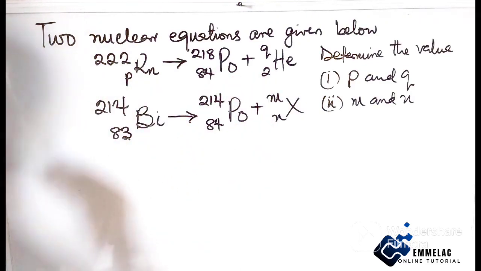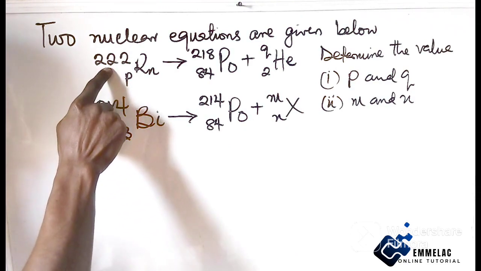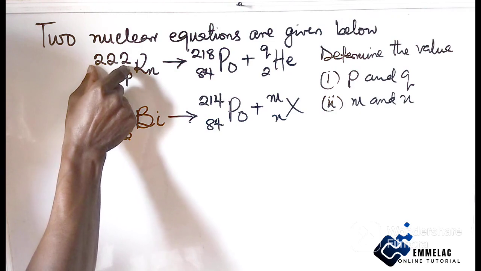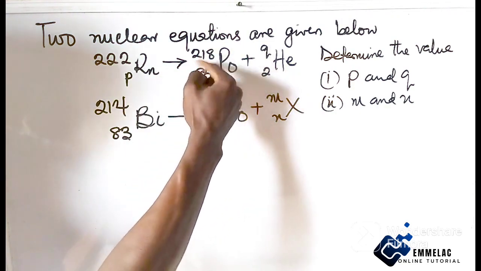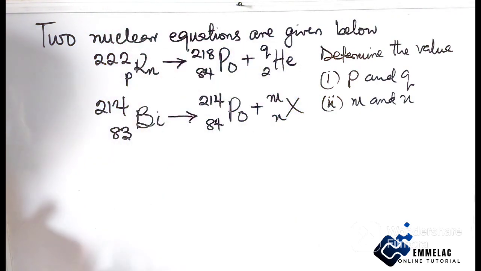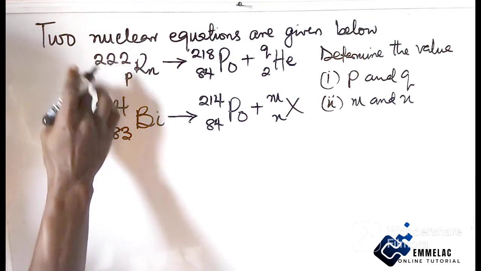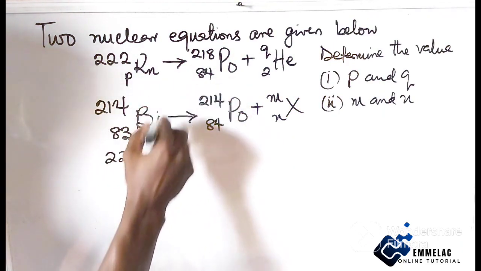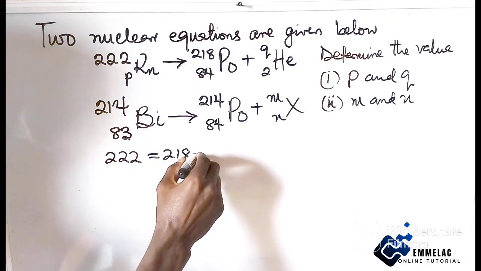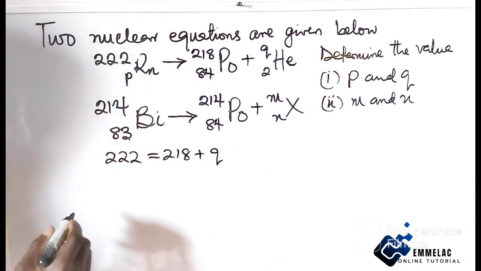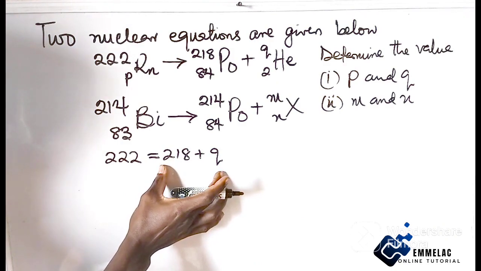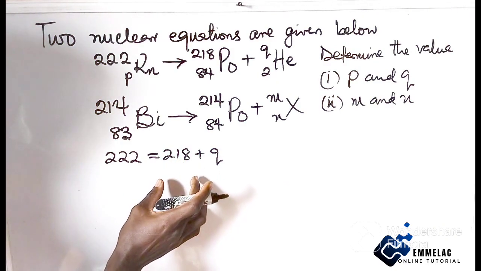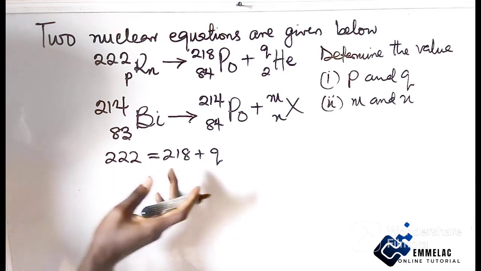So how do we get this? If the mass number of the nuclide here must be equal to the sum of the nuclides here, then for this one we have 222 equals 218 plus Q. So what do we need to do here? We just subtract 218 from both sides.